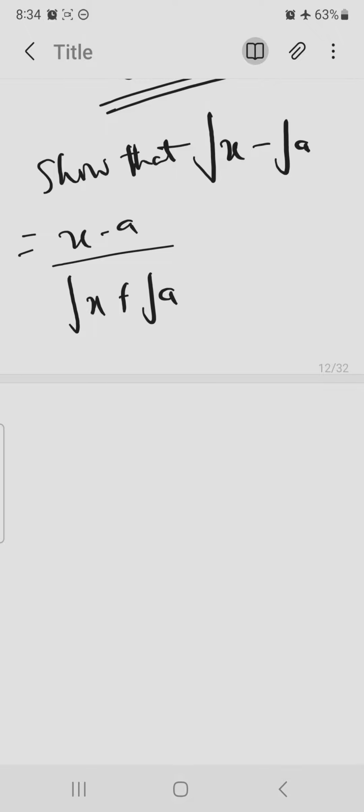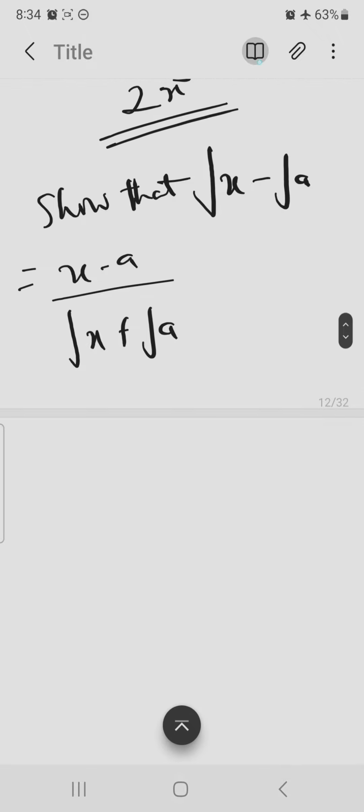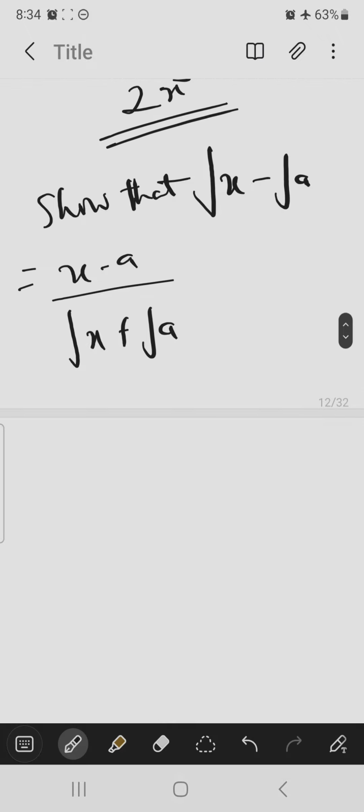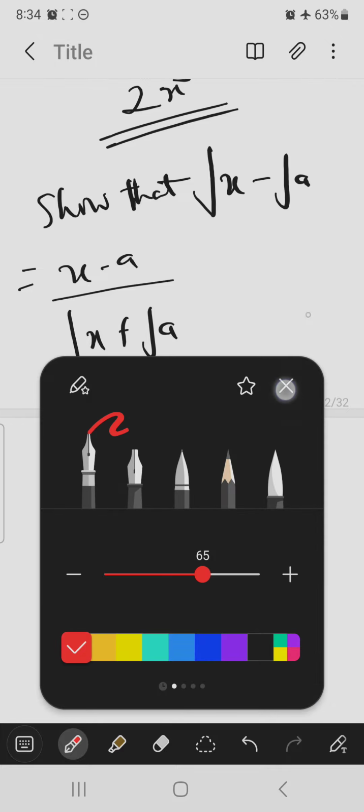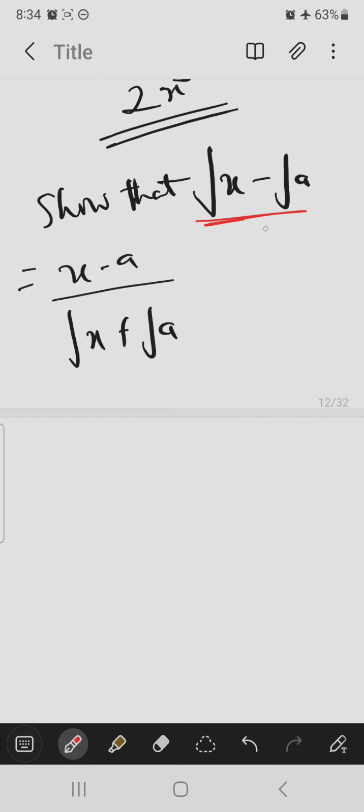The one they say you should show is the opposite of this, just by putting minus, multiplying by minus. It means that they rationalize it.